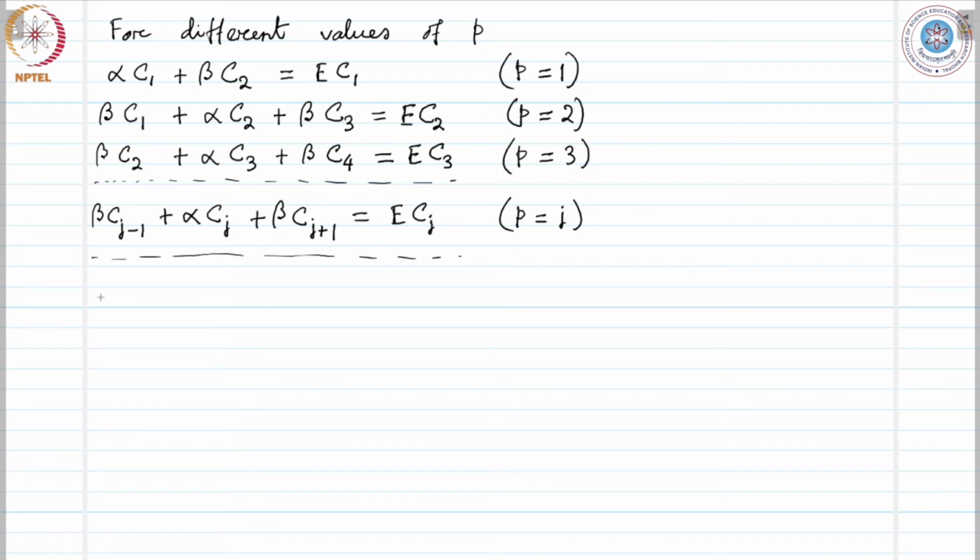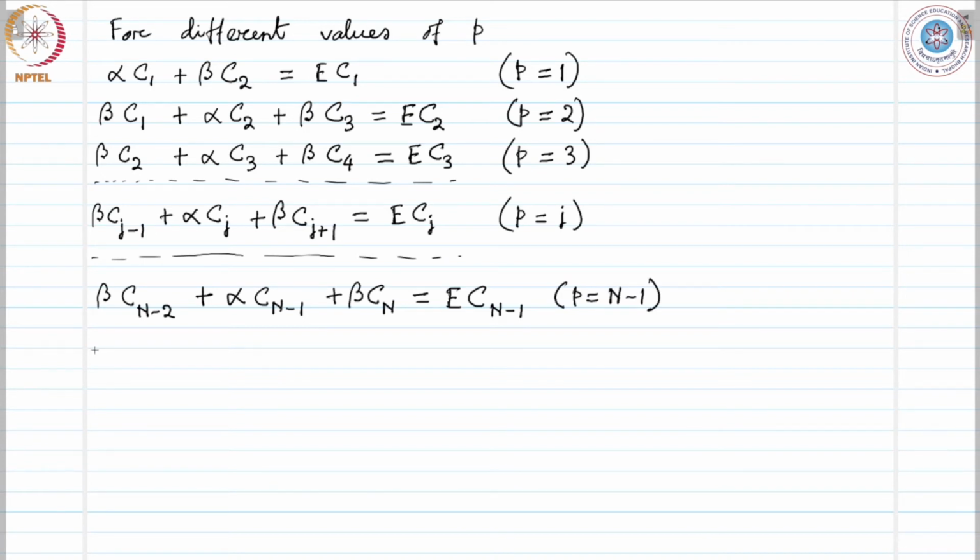For P equals n minus 1, we can write beta Cn minus 2 plus alpha Cn minus 1 plus beta Cn equals E Cn minus 1.